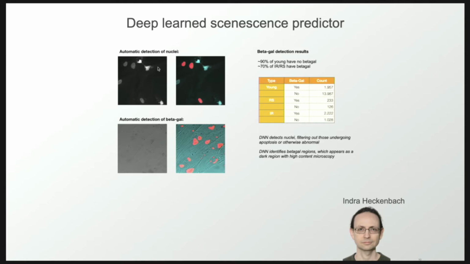We used a neural network to segment images to recognize nuclei, and then we can train a neural network to detect beta-gal staining, and nuclei that have beta-gal staining close to them we then label as being senescent.